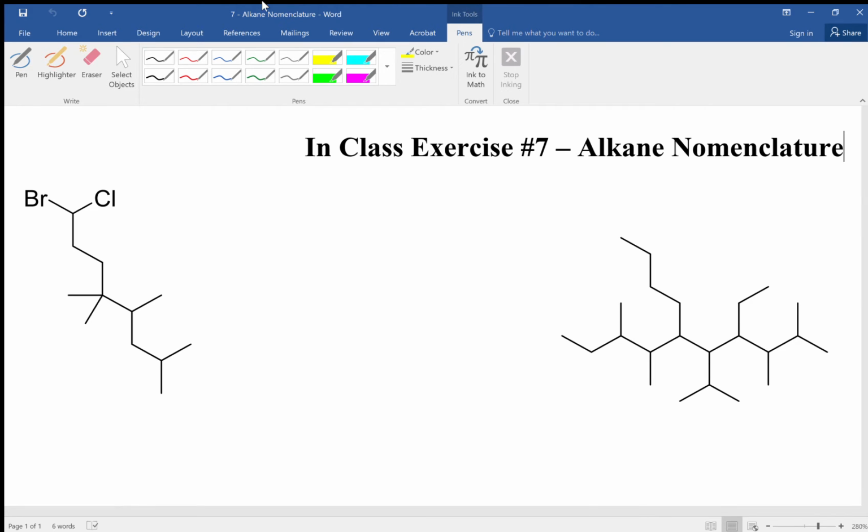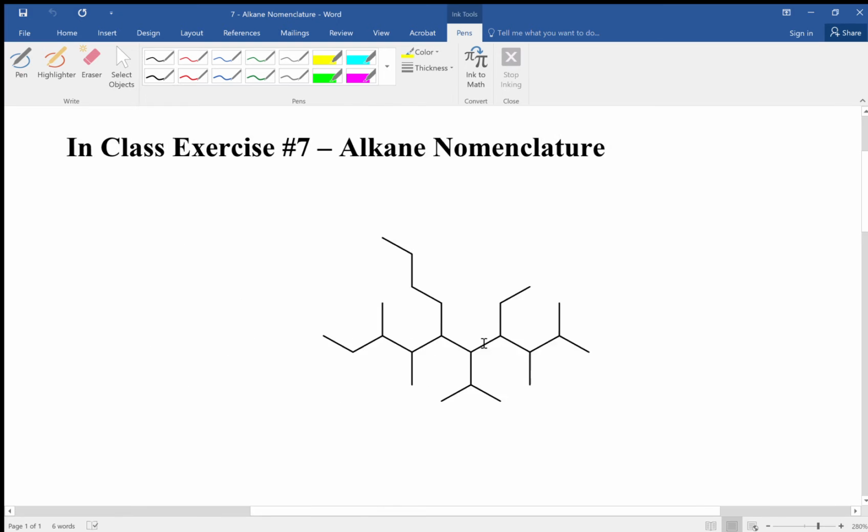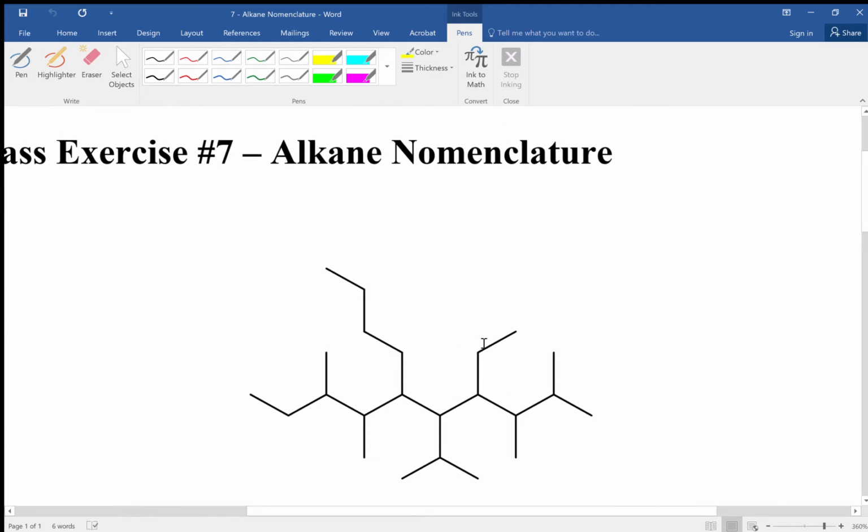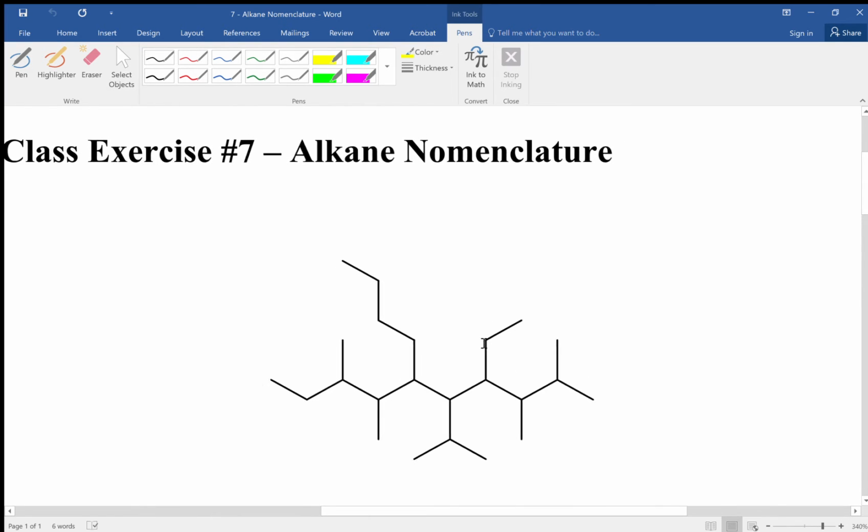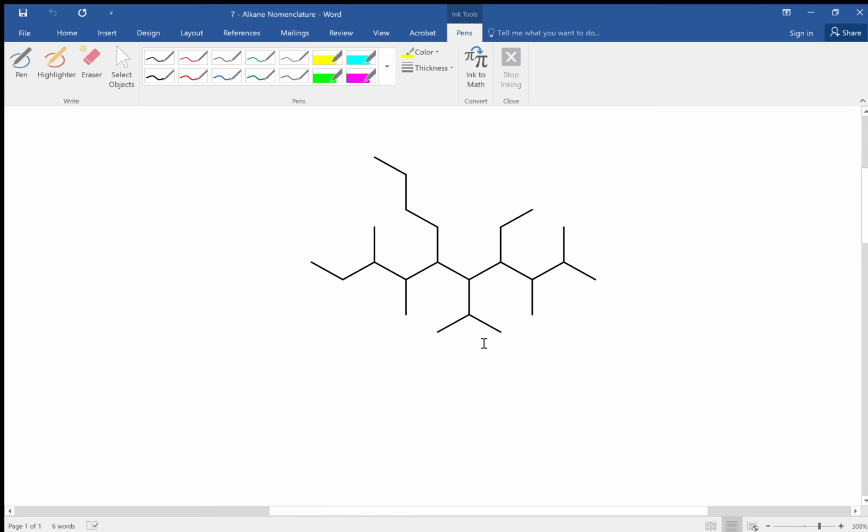Alright, so let's continue going over our practice with these last three examples. One of the things you should start to notice here is some of these examples are going to look more and more complicated, and in reality they are, but for a lot of these nomenclature questions, regardless of how complicated we make the example, it really just adds more steps to it.